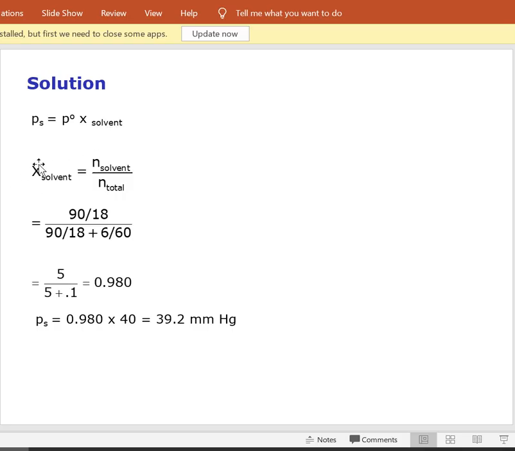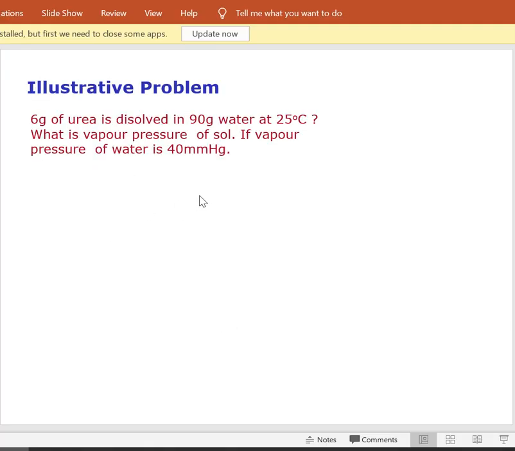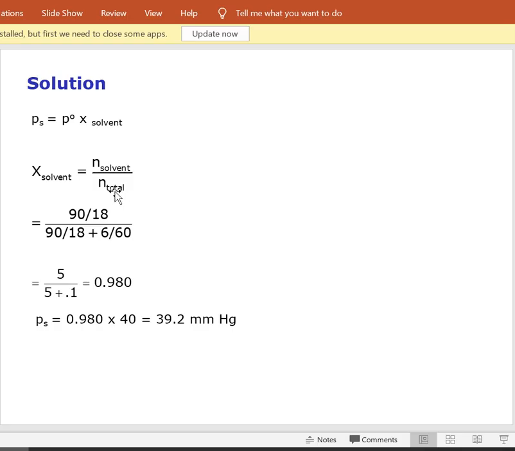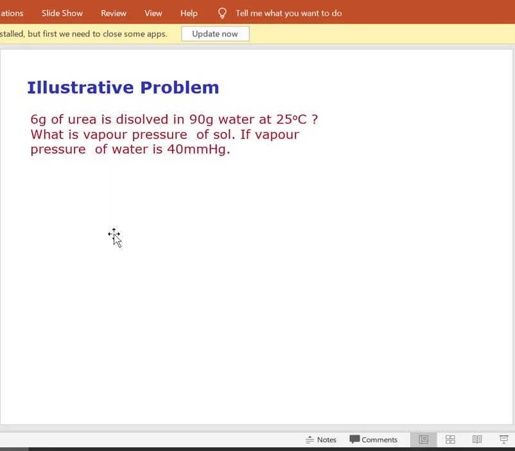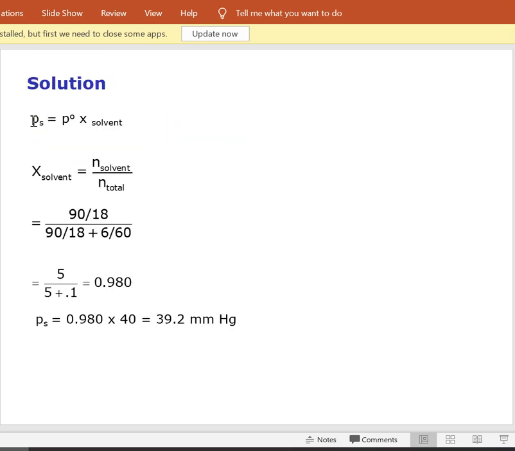So what do you have to find? For the solvent, the number of moles of the solvent and the total number of moles. Number of moles of the solvent is 90 upon 18. See, 90 gram of water, the molar mass of water is 18. That will be equal to 90 upon 18 upon 90 upon 18 plus 6 upon 60, because you have taken 6 gram of urea and the molar mass of urea is equal to 60, that is 6 upon 60.